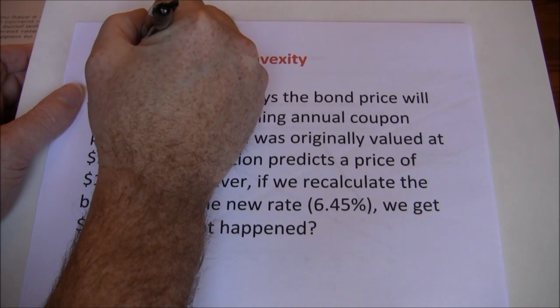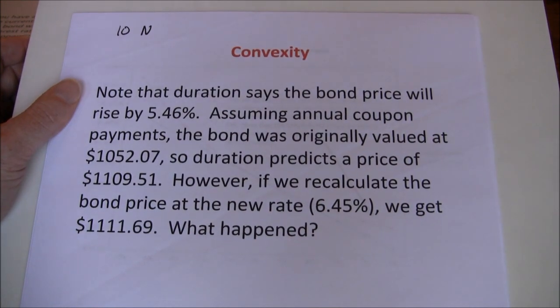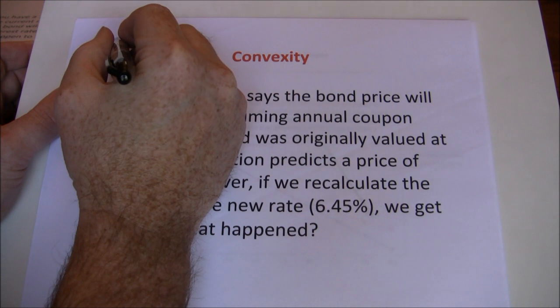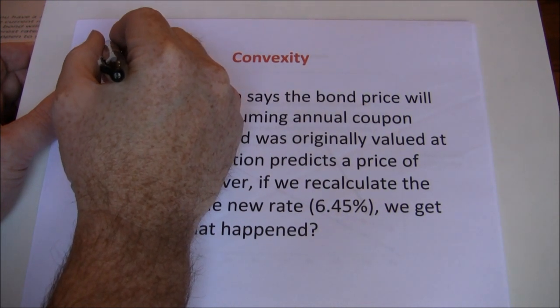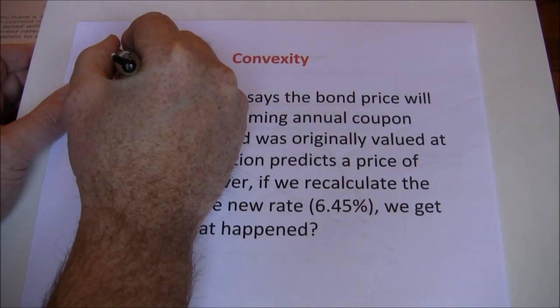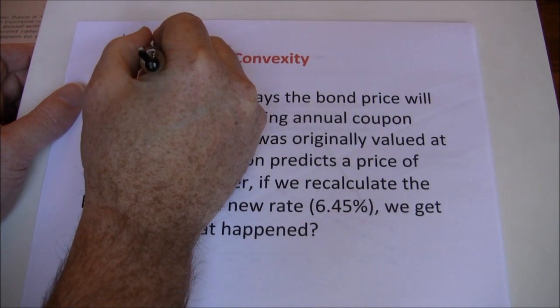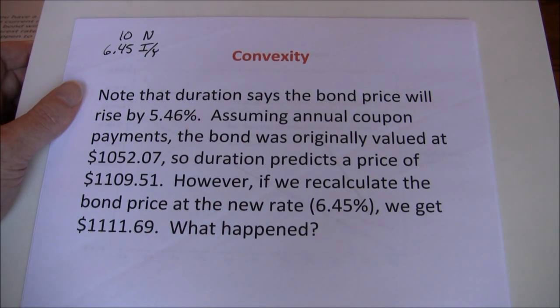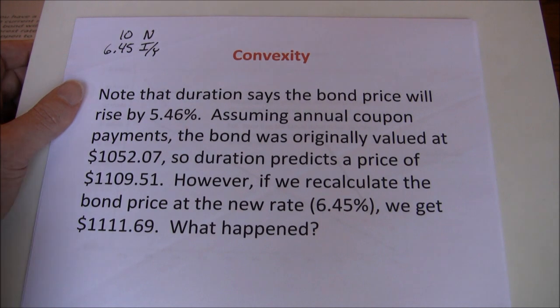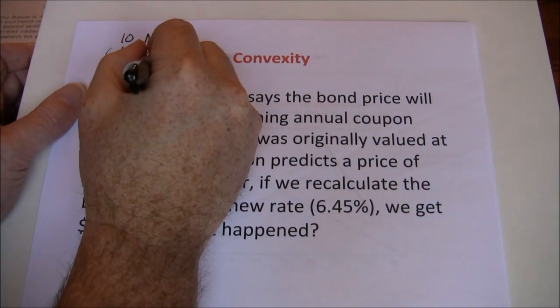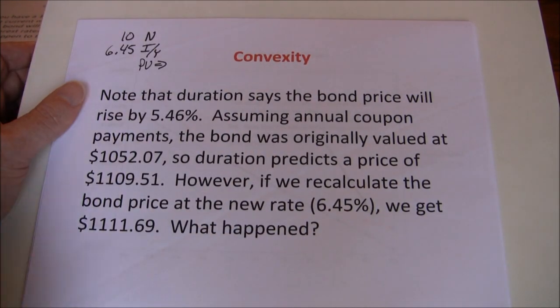However, if we actually calculate the new bond price, all we have to do is say, well, if interest rates change overnight, there are still 10 years remaining until maturity. Now, the market rate of interest dropped by 80 basis points. So instead of 7.25%, it's now going to be 6.45%. We're solving for the present value.